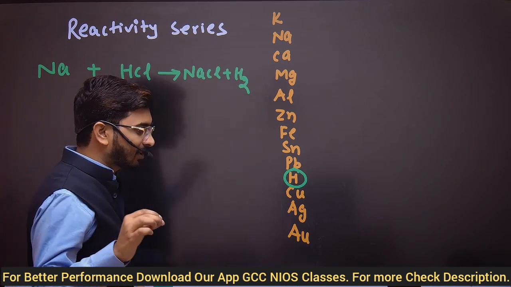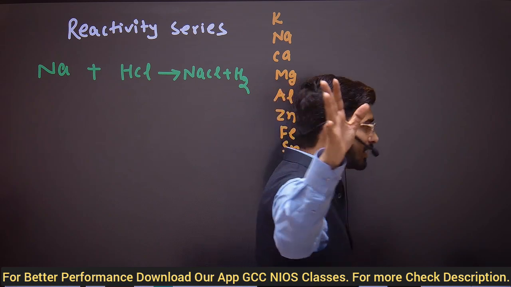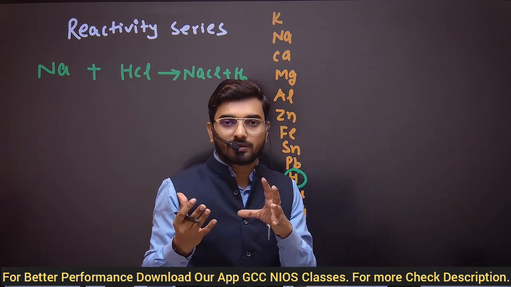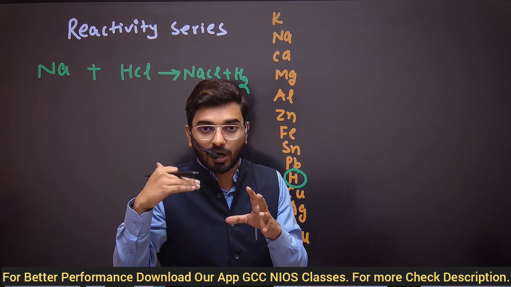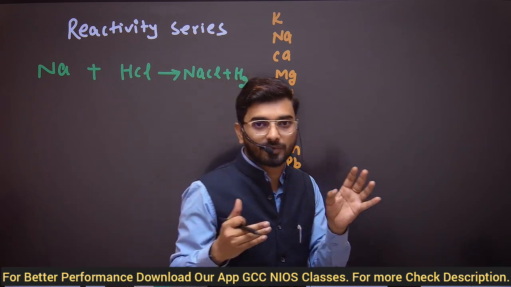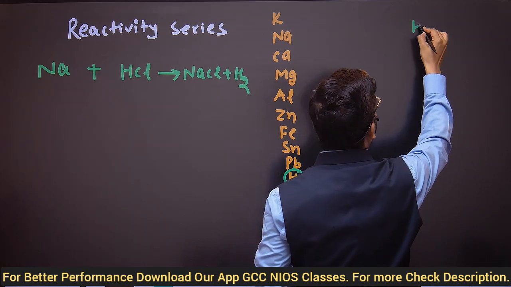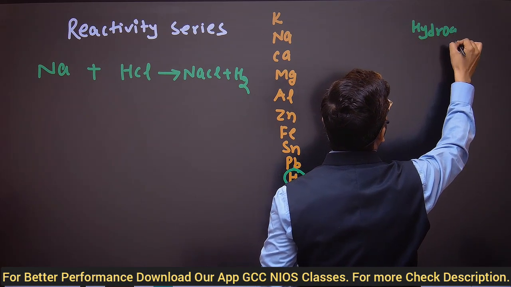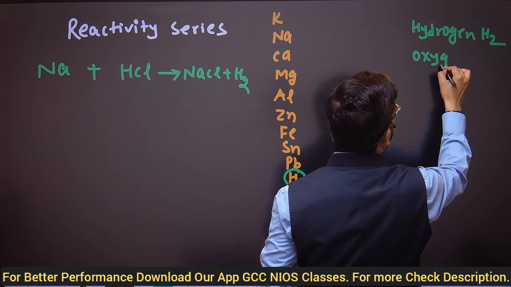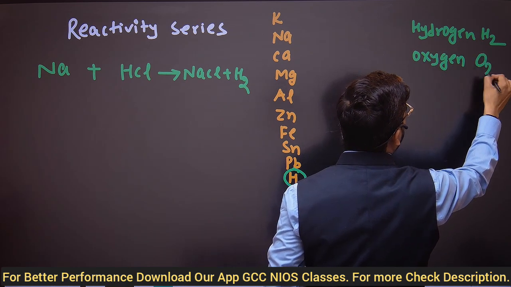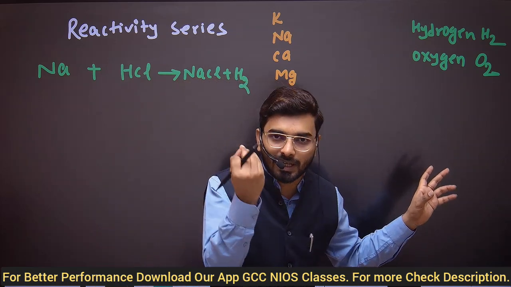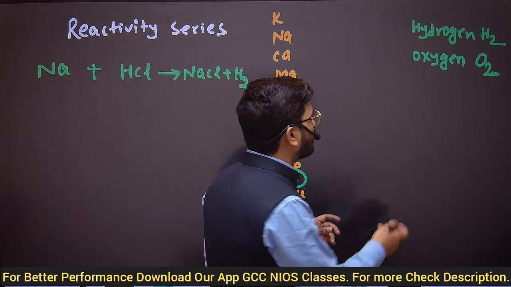And one different thing, look here. Few elements, when we write them in the form of molecules, are written in a dual way. How? Hydrogen is always written in the form of H2, oxygen always in the form of O2. Never will you see H or O alone.